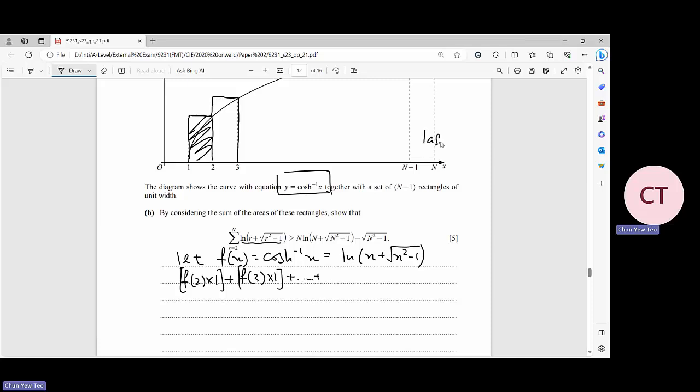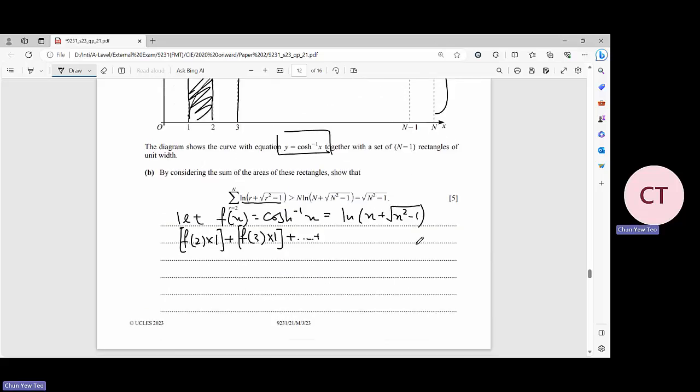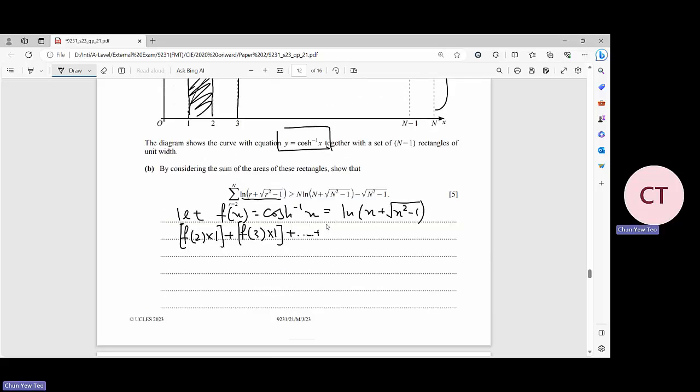What is the last rectangle? If you follow the height stated in the diagram, it will be following Fn. So the last one will be Fn multiplied by 1, which is greater than the area that you integrated from 0 until n.